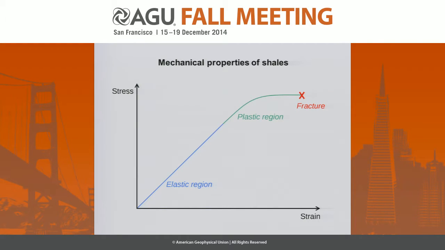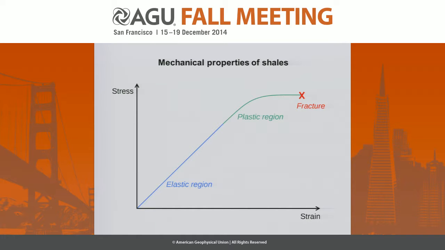So, just to take you back to high school, here we have a stress-strain curve that I'm sure we're all familiar with. There are two main regions and a point here that are important. There's the elastic region, where the sample or the rock will deform elastically, like a spring. Then we get, of course, the plastic deformation, and eventually the rock will fracture.